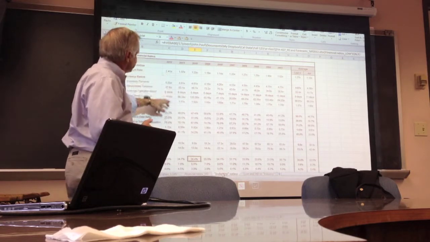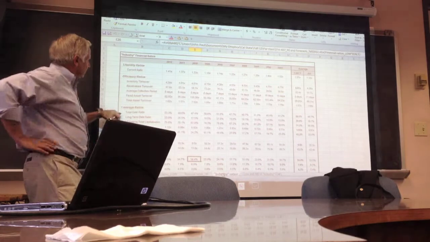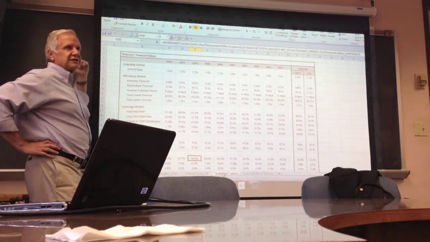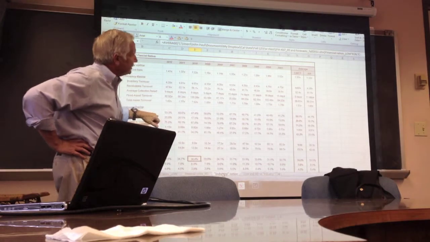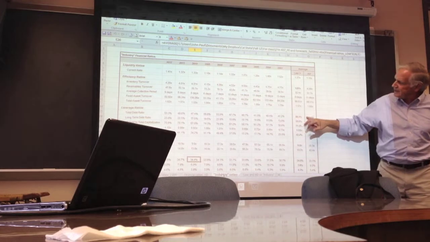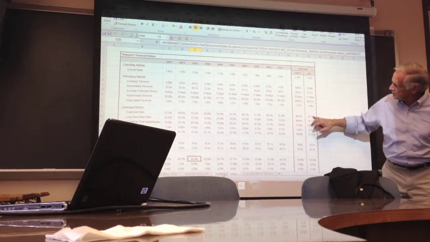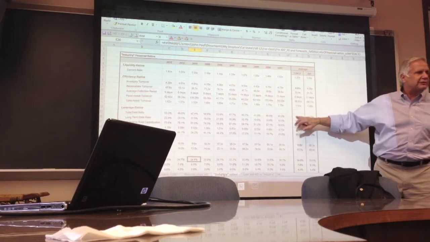So for example, in this sector, which is the home improvement sector, the typical company, if I look here, might have a total debt ratio of somewhere around 45 to 50%.